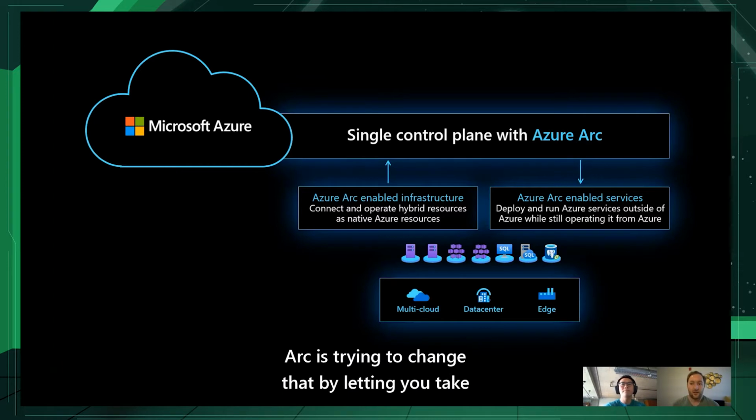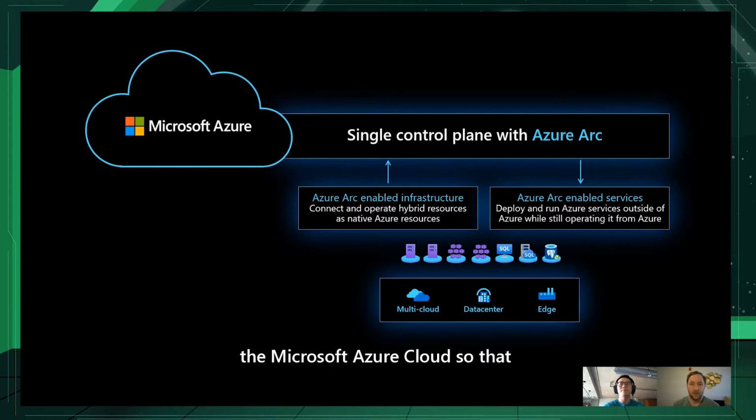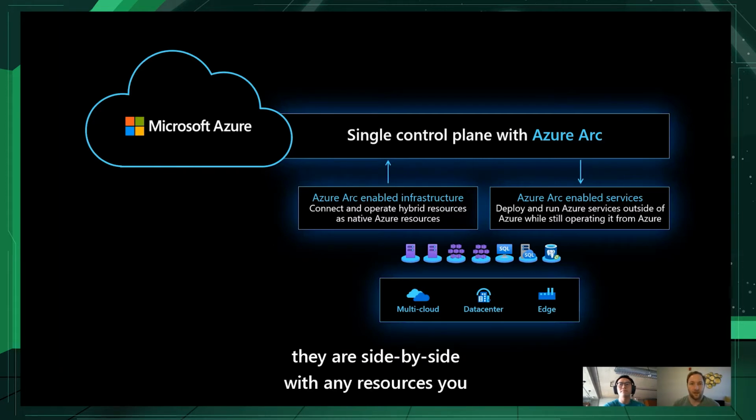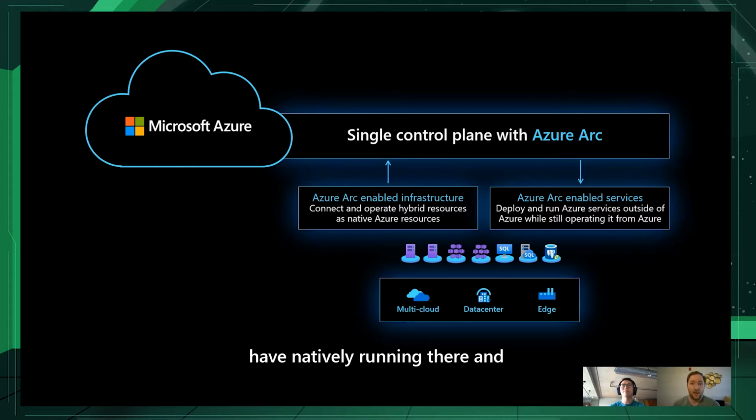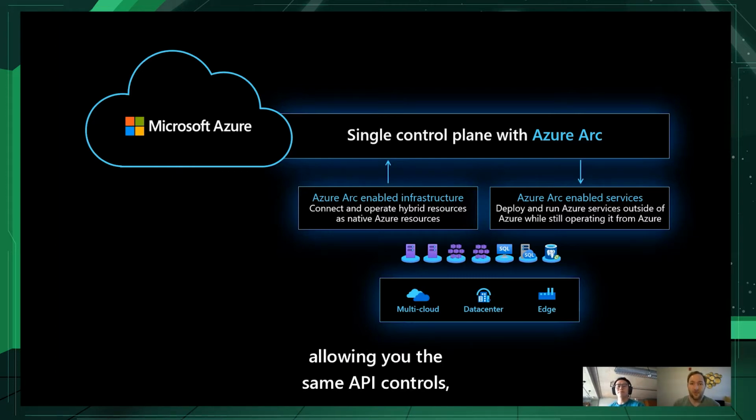And Arc is trying to change that by letting you take your Windows and Linux servers, your Kubernetes clusters, and your databases that are running on premises and have them show up in the Microsoft Azure cloud so that they are side by side with any resources you have natively running there, allowing you the same sort of API controls, portal experiences, and overall look and feel of something that's actually running in a Microsoft data center.